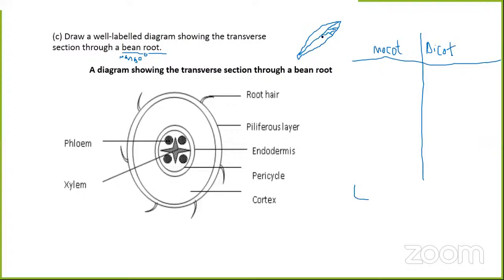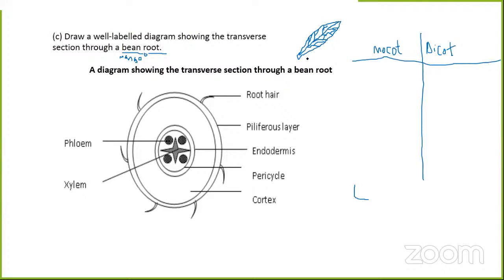Those kinds of network veins are sometimes called reticulate veins. We shall study more about this under the leaves. So when you see any plant that has network veins in its leaves, just know that that plant is a dicot.